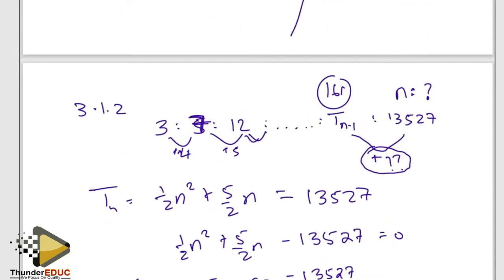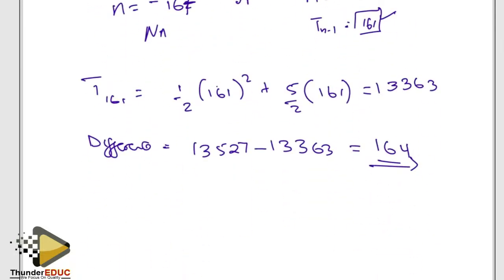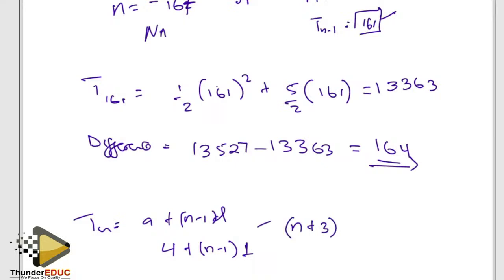Then what that means is that in the arithmetic pattern, the position of this one is going to be 161. If I look at my Tn, it's a plus n minus 1 into d. Our first term was a 4, our common difference was a 1. When you simplify that, you'll just have n plus 3.